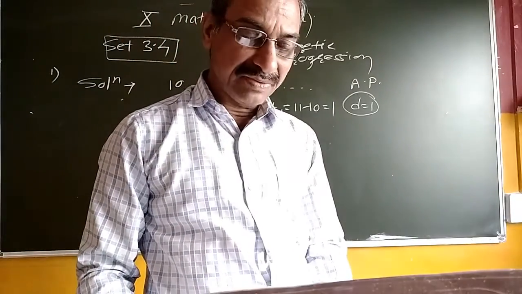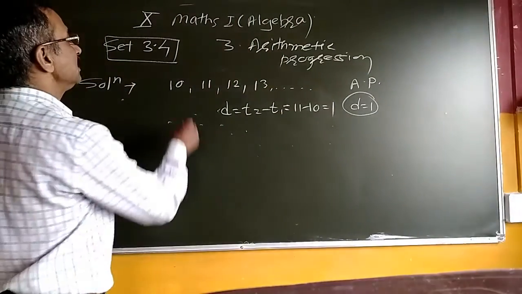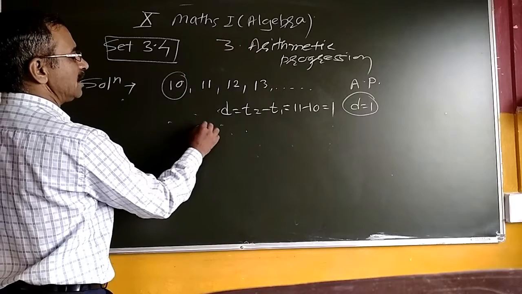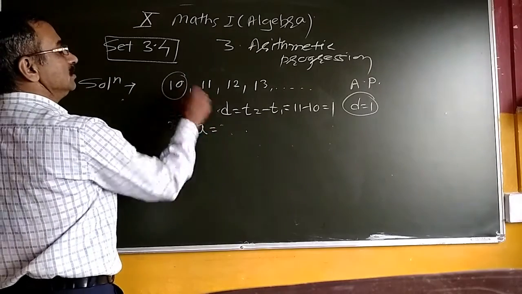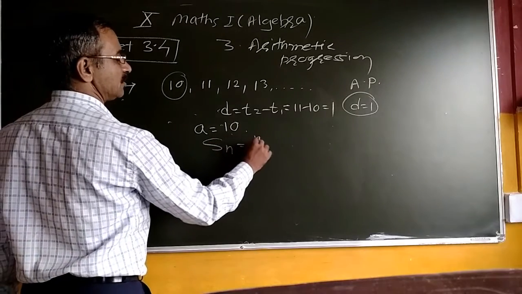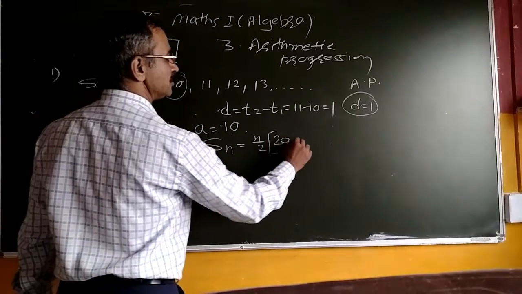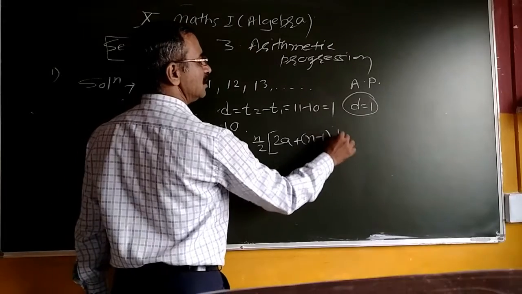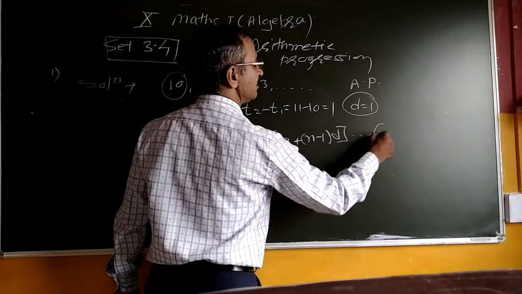So d is equal to 1 and the first term is always denoted by a, it is equal to 10. So Sn is equal to n by 2, this formula we are using, 2a plus n minus 1 d. This is our formula.